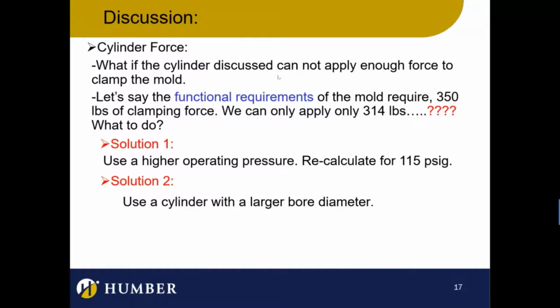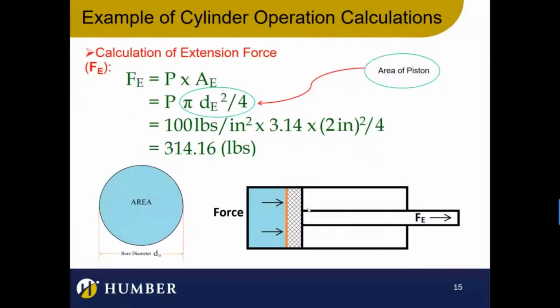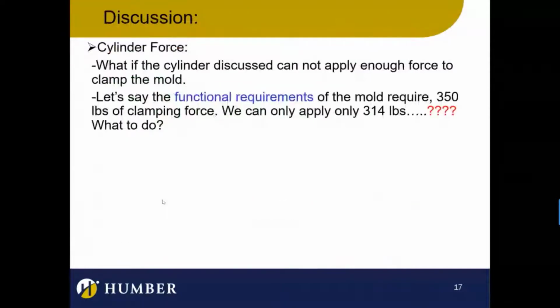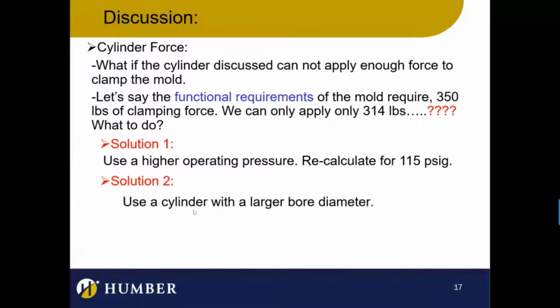The mold requires 150 of clamping force, and the clamping force is here. So this is the force in extension. So if I change the rod diameter, I don't care, because I'm only after the diameter here. Okay, good. So I can do that, or I can recalculate this.